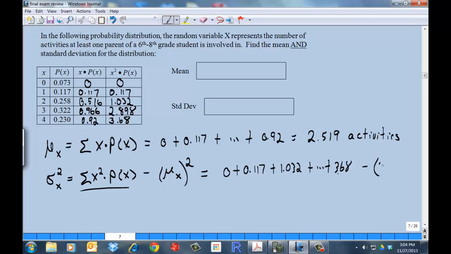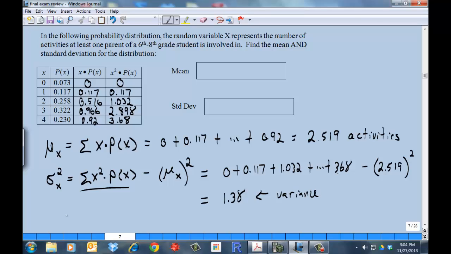So 2.519 squared. So this is going to give us 1.38. And this number here is the variance.